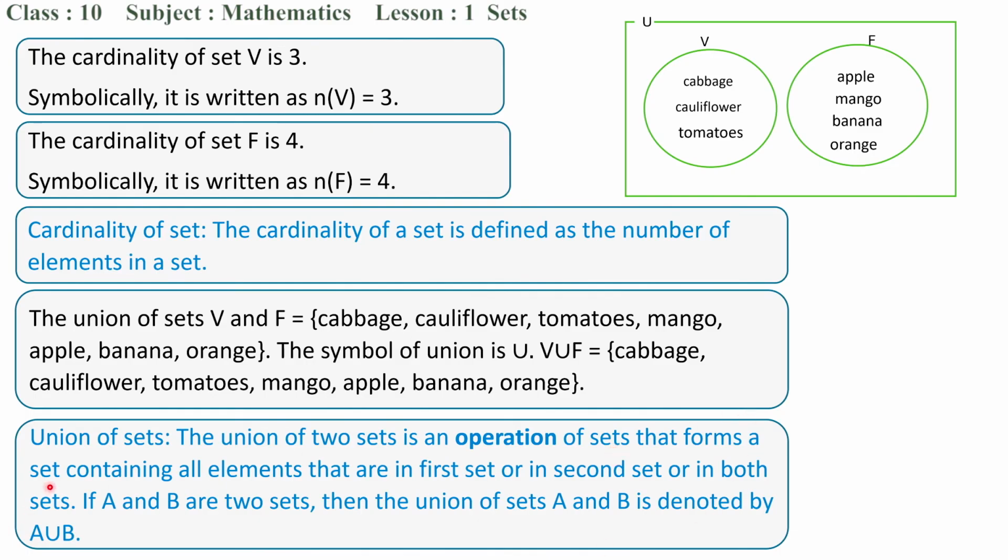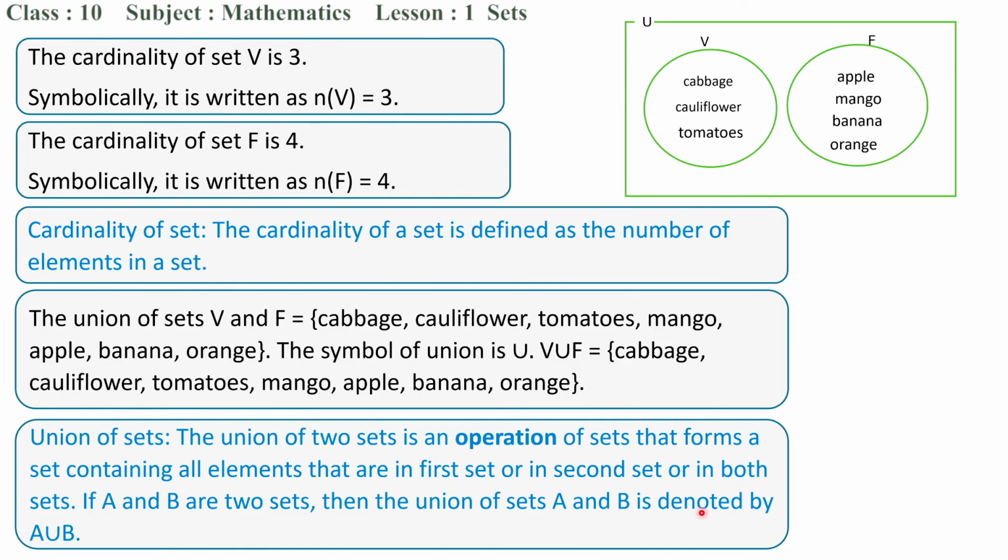According to this operation we form a new set, just like here set V and set F. From these two sets we form the new set, that is V ∪ F. It means a new set formed by the operation, known as the union of sets, containing all elements that are in the first set or in the second set or in both sets.